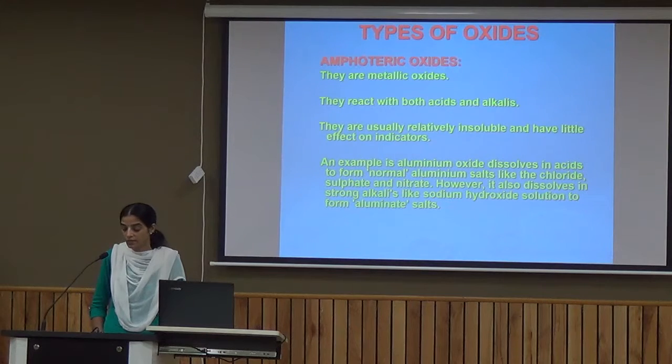They are usually relatively insoluble and have little effect on indicators. An example in this category is aluminium oxide, which reacts both with acid and base. When it reacts with acid, it forms aluminium salt, and when it reacts with base, it forms aluminate salt. So in both cases, whether reaction with acid or with base, it forms salt.